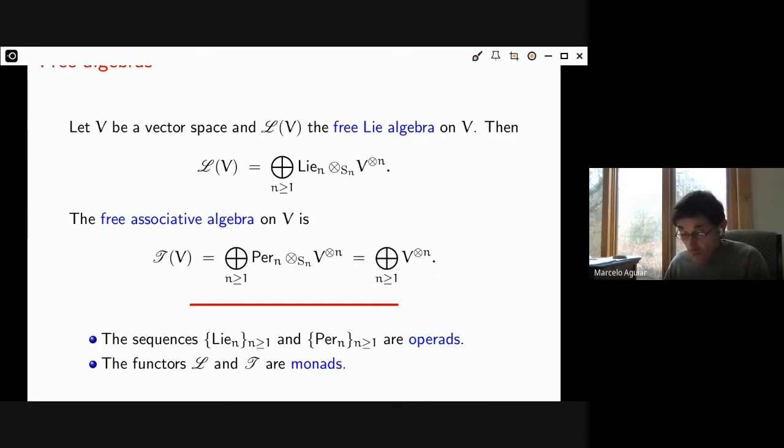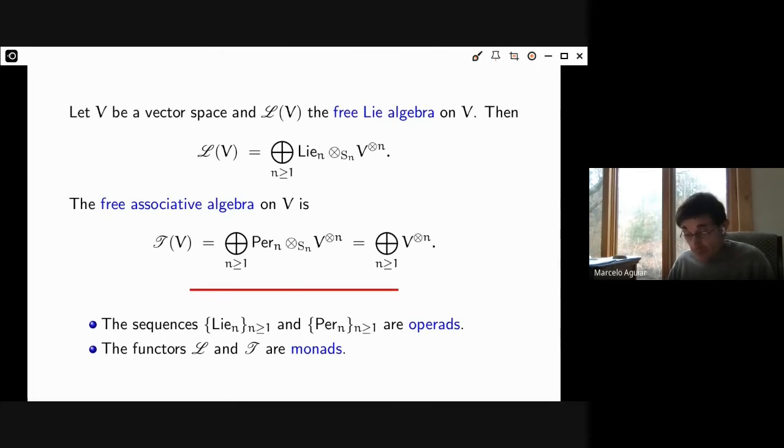It'll play a small role in a second, the fact that I am choosing to start this sum when n is 1. So I'm really looking at the free associative non-unital algebra. So I'm dropping the unit, okay? I'm dropping the part of degree 0 from the usual tensor algebra. That's not a big deal, of course, small detail.